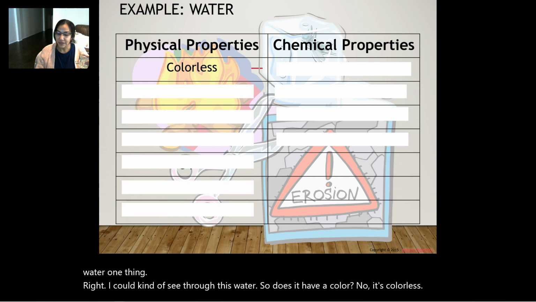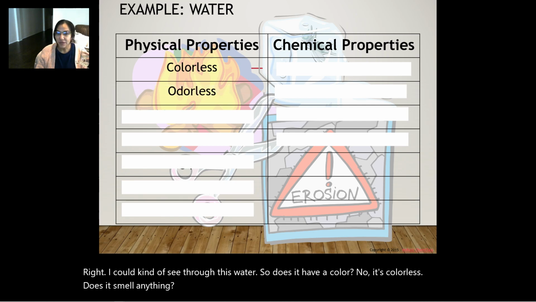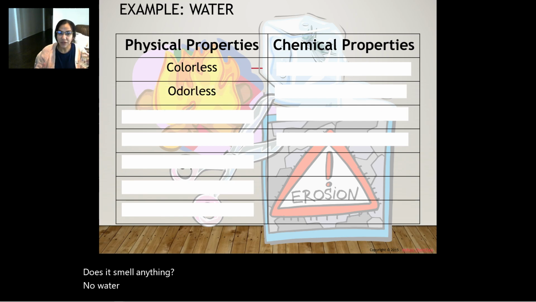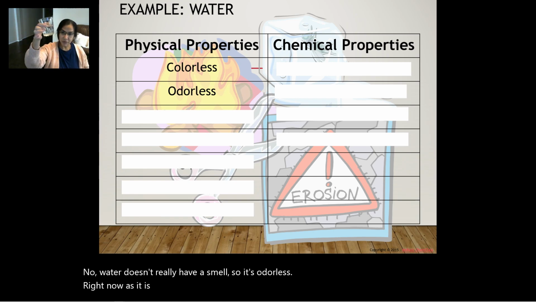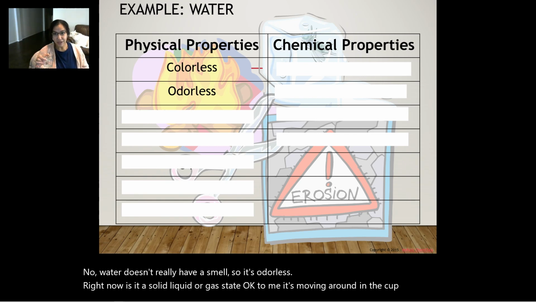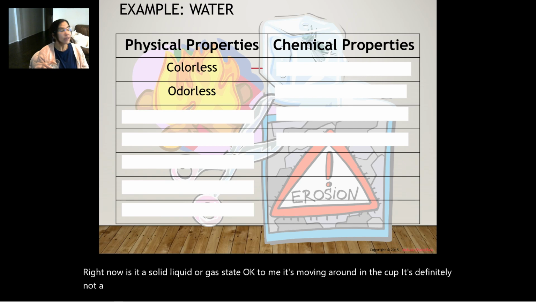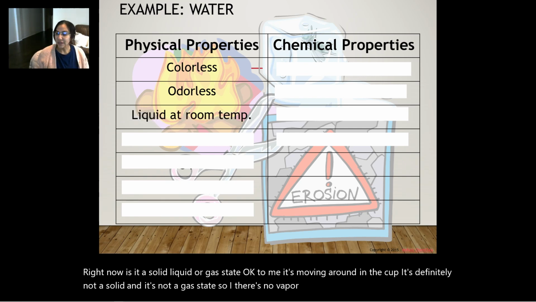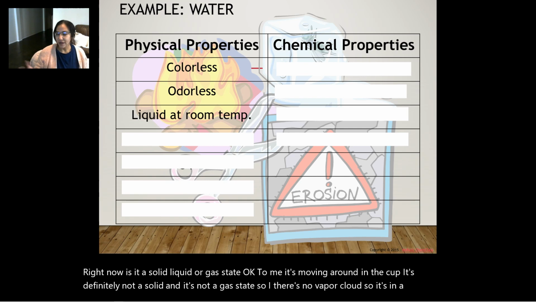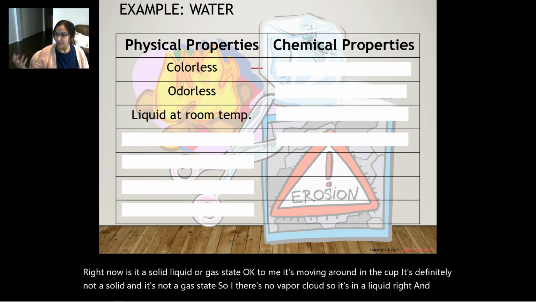Does it smell like anything? No, water doesn't really have a smell, so it's odorless. Right now, is it a solid, liquid, or gas state? Okay. Well, to me, it's moving around in the cup. It's definitely not a solid, and it's not a gas state, so there's no vapor cloud. So it's a liquid, right? And liquid at room temperature.